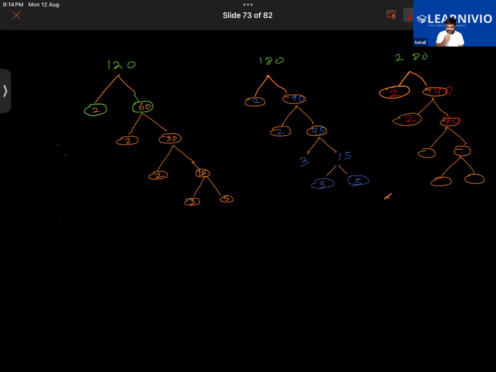Good. Next. For the 70, I couldn't understand what that was. See, 70, is it divisible by 2? The unit digit is 0. So yes, it is divisible by 2. So again divide it by 2.